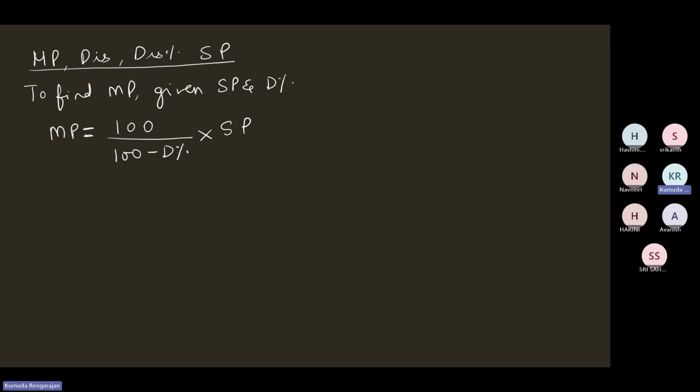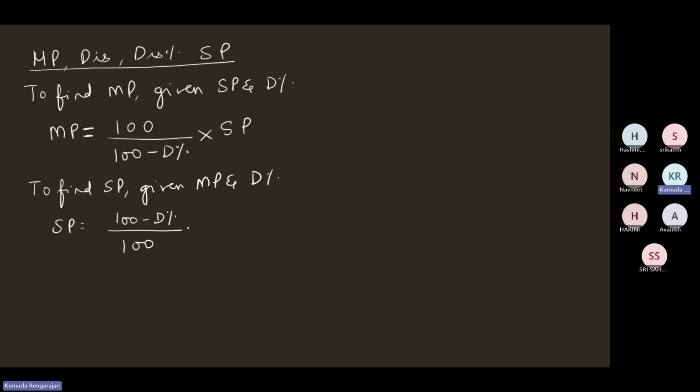So mark price is equal to 100 in the numerator divided by 100 minus discount percent, because it's not plus discount percent, it's minus discount percent, into selling price. Now, the next one is to find selling price given mark price and discount percentage. So selling price is equal to, just invert that fraction, put 100 in the denominator and 100 minus d% in the numerator.